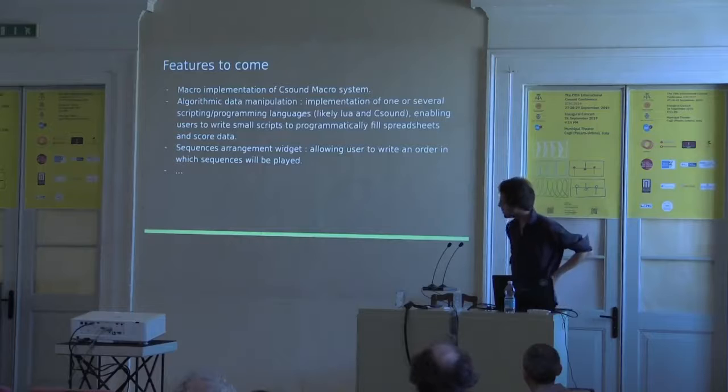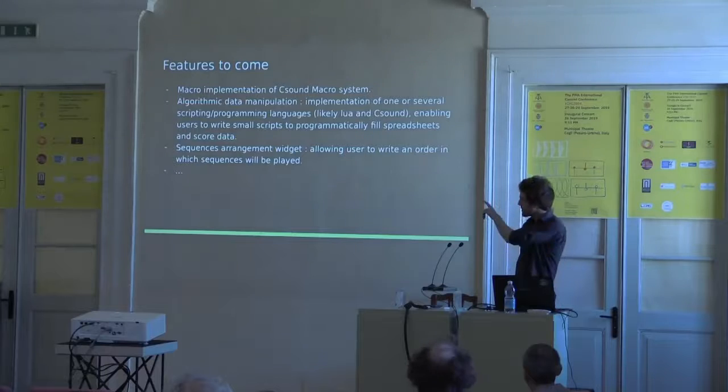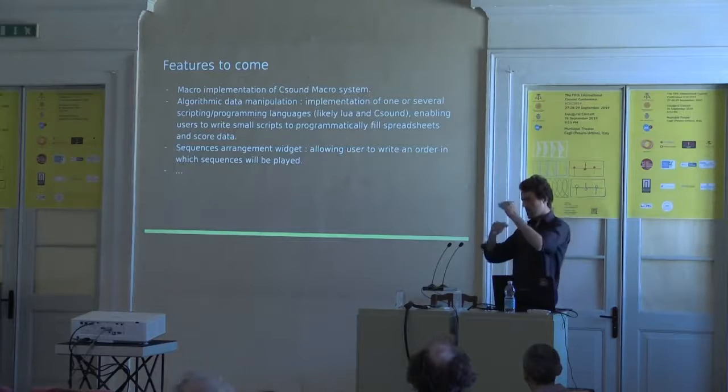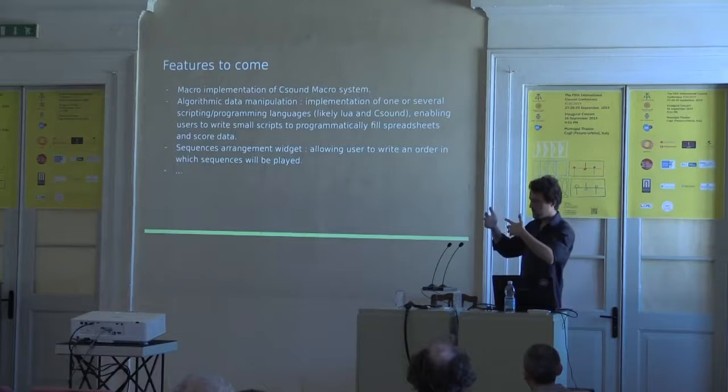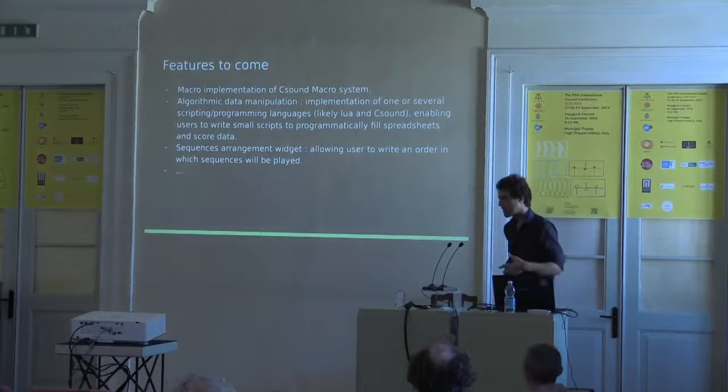There are also some other things I want to implement. The sequence arrangement widget at the bottom is a way to rearrange sequences one to the other. Right now, if you write a complex sequence, it will be played before the next one.